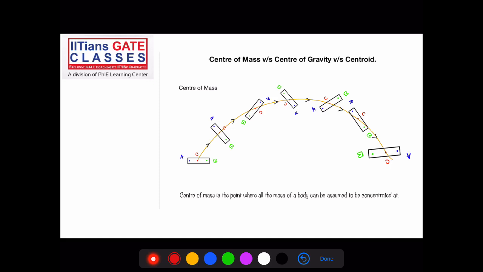Now, if you want to determine the motion of any particle, let me say point A, it is very difficult to trace the motion. I am unable to see how the motion of point A is happening.